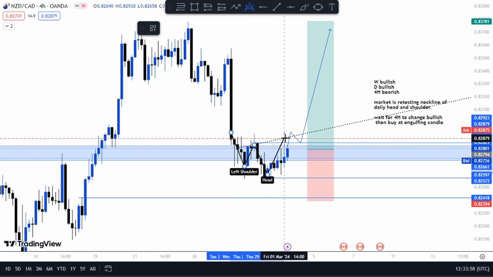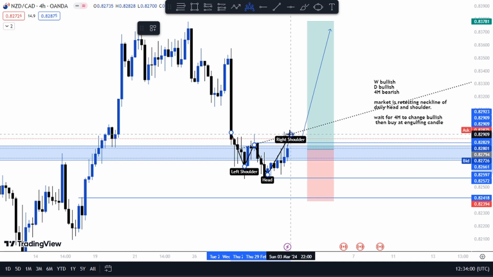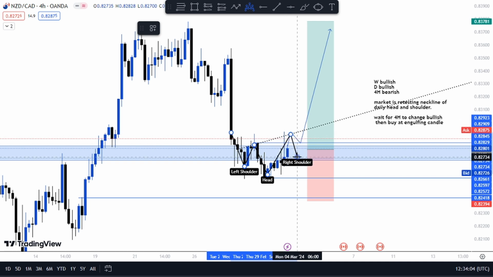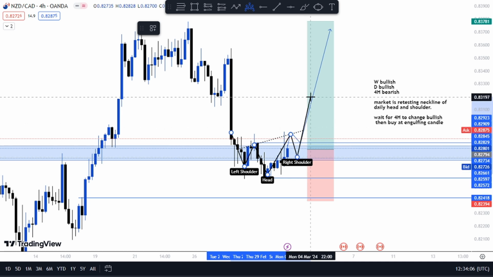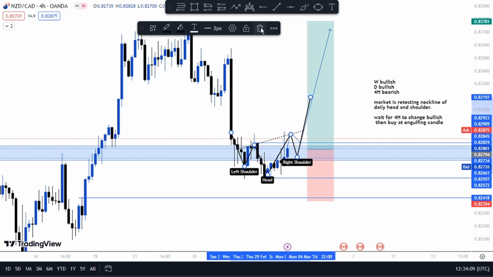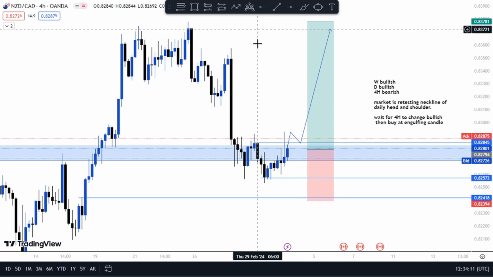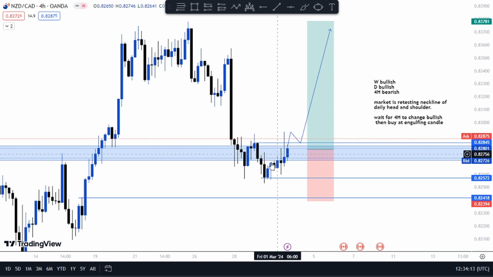If it closes somewhere here, then maybe there will be a little pullback to the zone, then you buy. But you have to be cautious on how you trade. Markets can do anything at any time. But that is my expectation on NZD CAD.